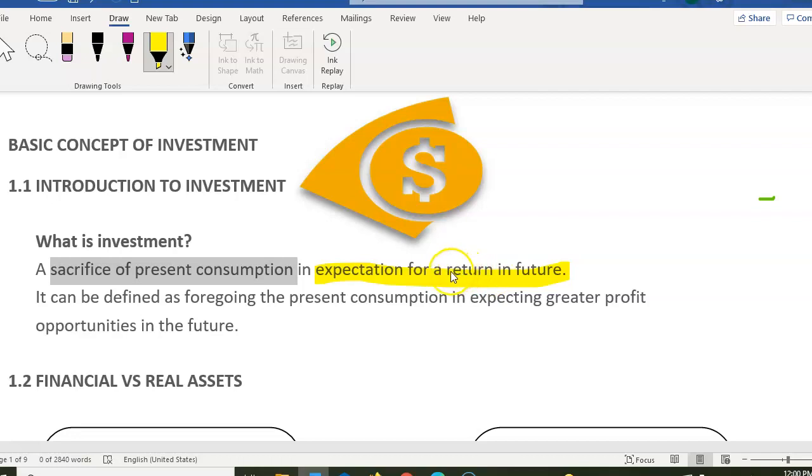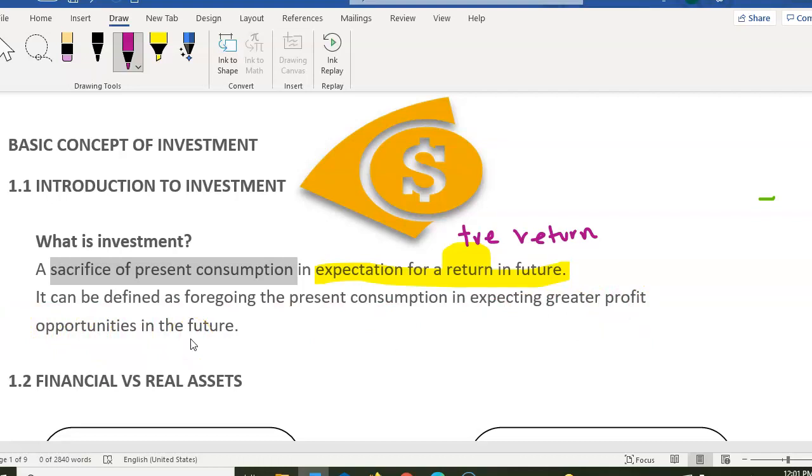In the end, what we want to have is a positive return in future. It can also be defined as foregoing the present consumption in expecting greater profit opportunities in the future.